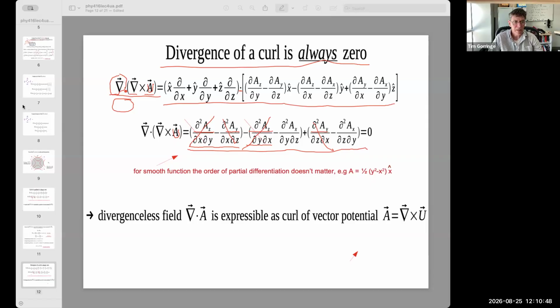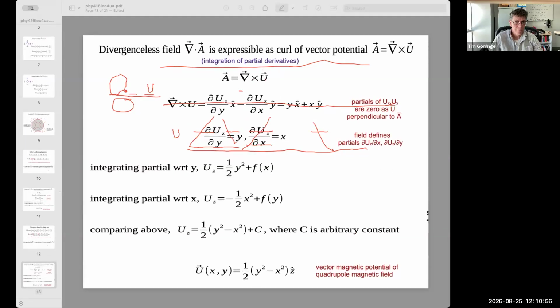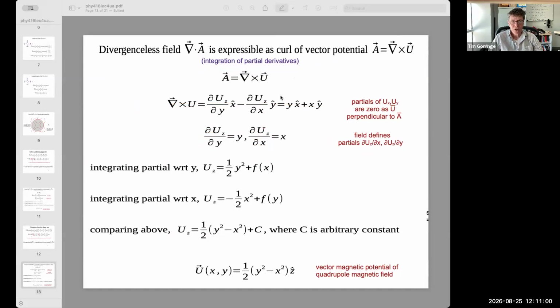So let me just go to the next slide, the final slide. I just want you to look at this slide, and the main points are, I don't want to go through all the mathematical derivation of what this vector potential is that underlies that quadrupole field.